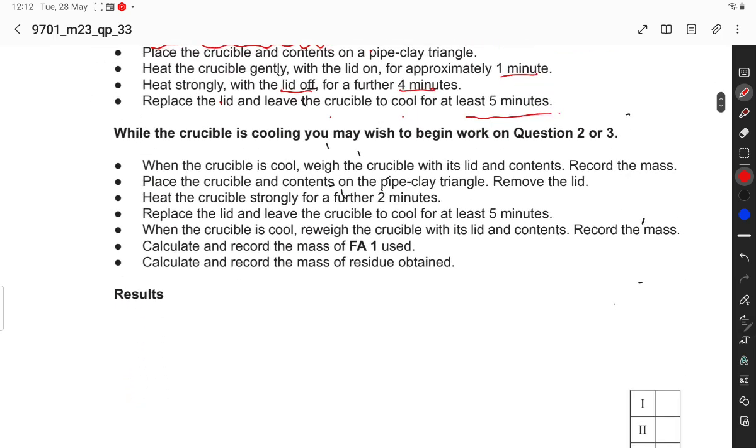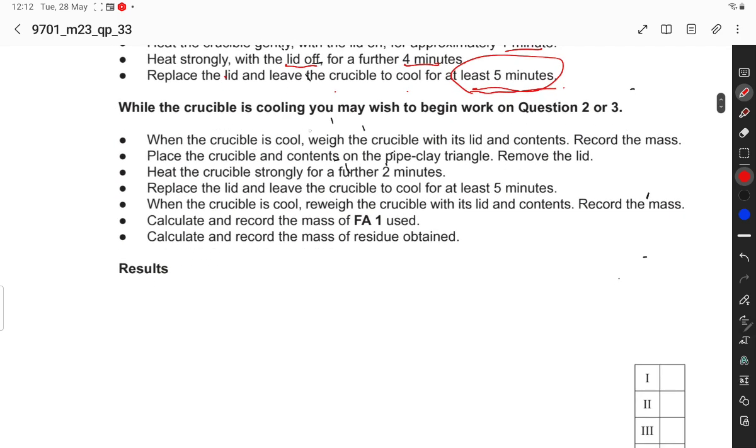Now, while the crucible is cooling, you may wish to begin work on question 2 or 3. The cooling is for 5 minutes, so you can continue with another question or another part of the question to save time.